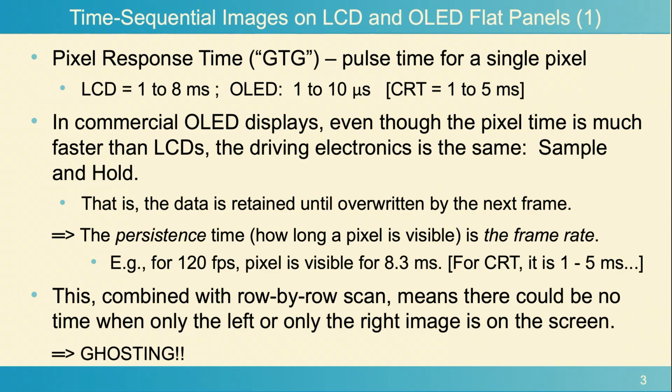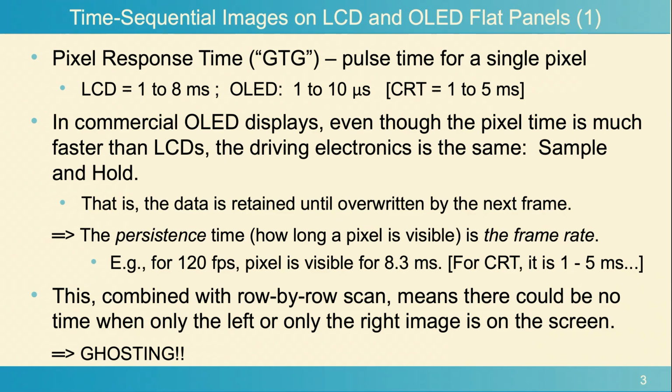The problem is that, combined with the fact that we're scanning from top to bottom and no pixel is replaced until the next scan comes in, you can have your two images on the screen at the same time. You want to do left-right alternately, but now you've got both images on the screen at the same time.